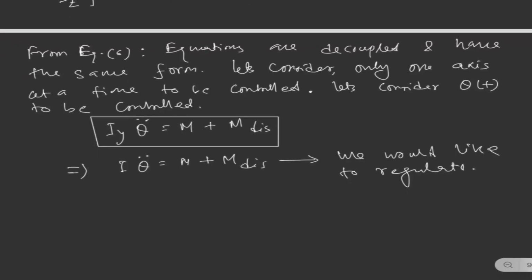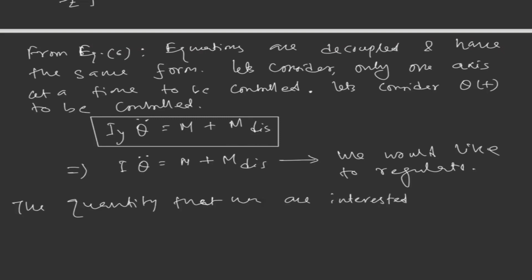The quantity that we are interested to control is the attitude, same thing, orientation angle, theta.